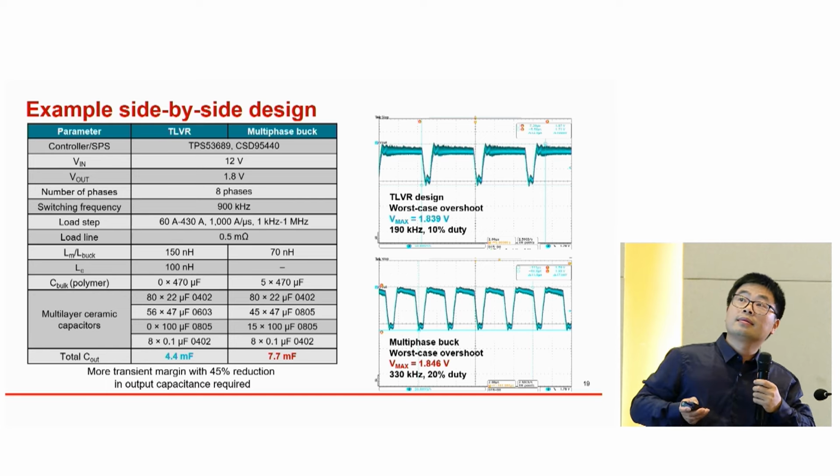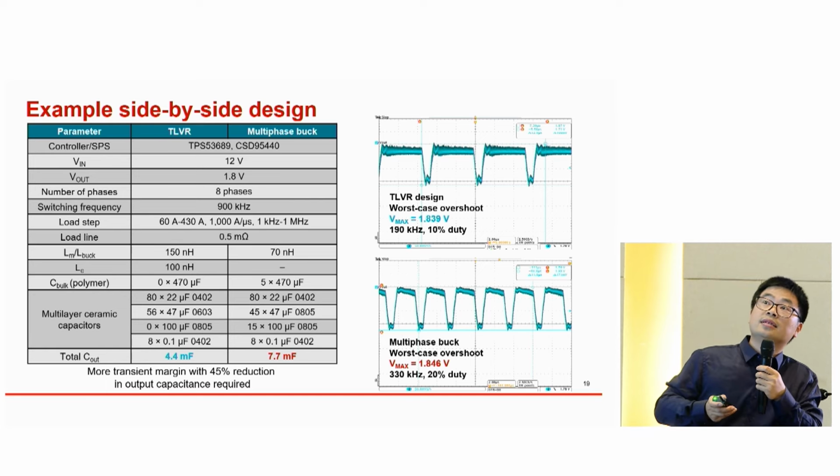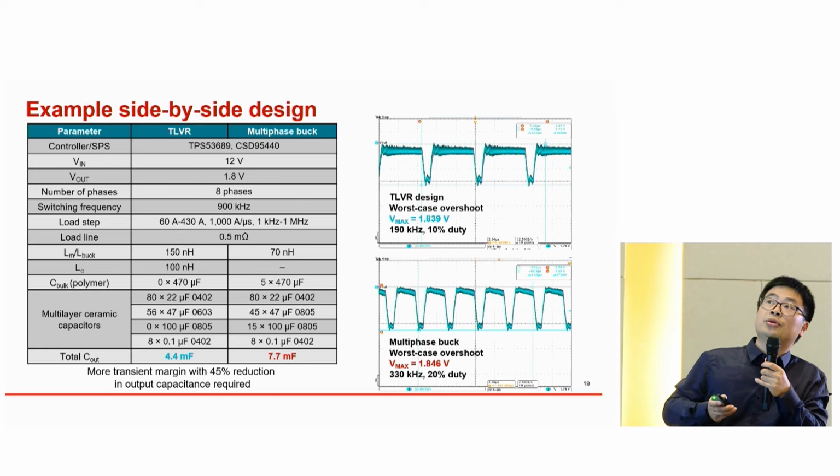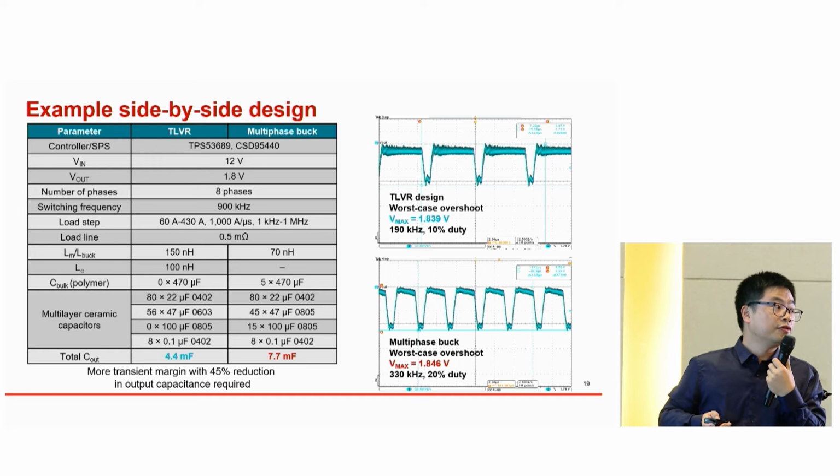And we give another example here, an apple-to-apple design. In the former simulations, we just used the same parameters for both multiphase buck and TLVR. But in this design, the two converters use the same spec.